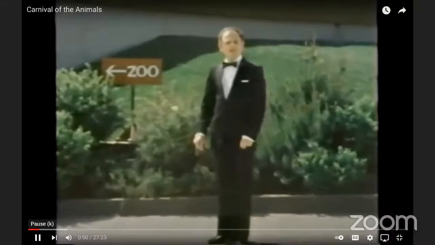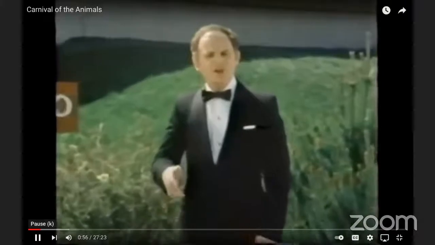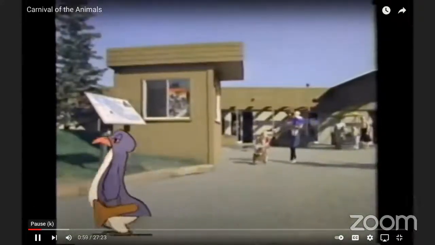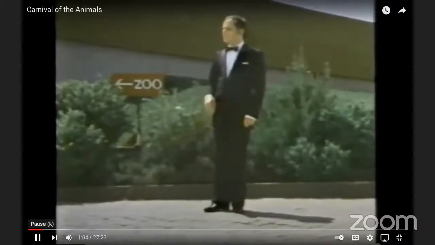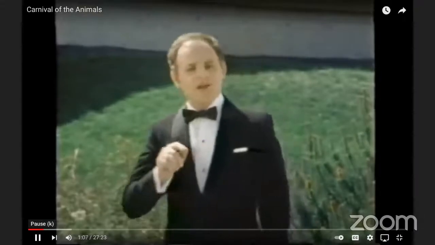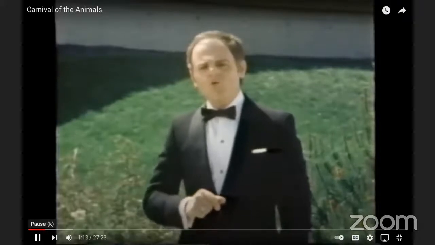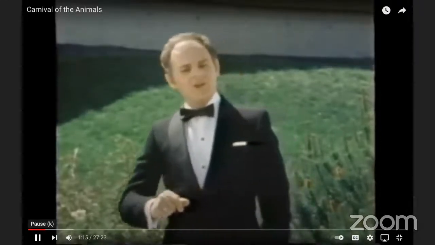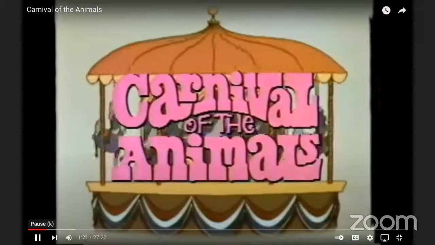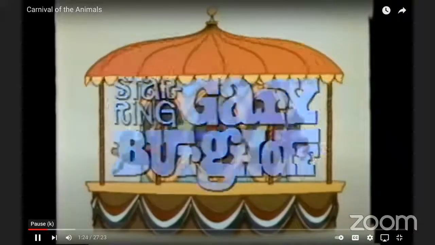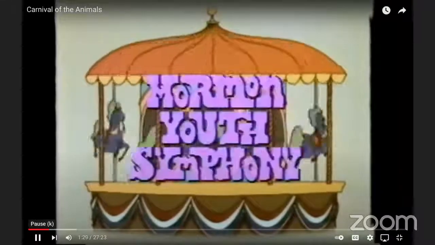Nearly 100 years ago, a French composer named Saint-Saëns wrote a wonderfully witty musical fantasy called The Carnival of the Animals. His music describes many of the animals in this zoo. So join me along with the whimsical verse of Ogden Nash, the Mormon Youth Symphony, and a whole zoo full of animals for the Carnival of the Animals. The Carnival of the Animals, starring Gary Burghoff, featuring the music of Camille Saint-Saëns, the verse of Ogden Nash, the Mormon Youth Symphony.